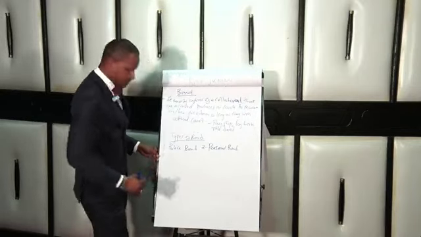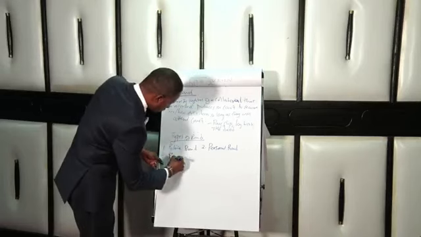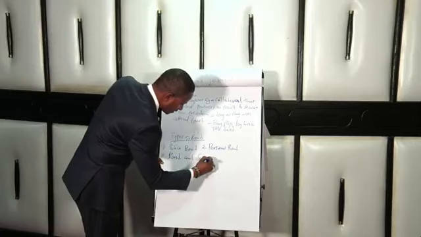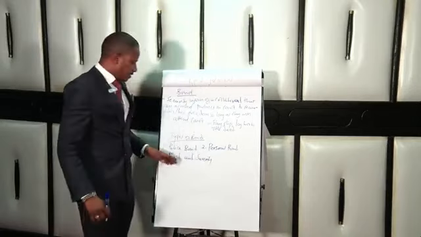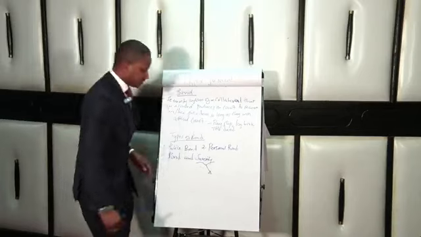Number three, another type of bond that we have is called bond and surety. Now, bond and surety, that brings us to this word called surety.